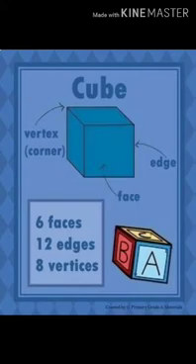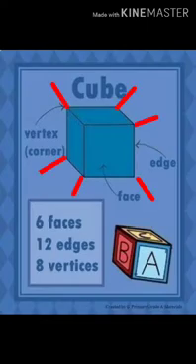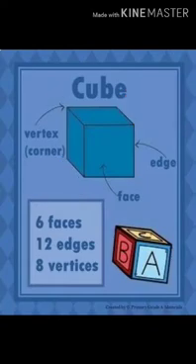Now you can tell me what is a vertex. Vertex क्या होता है? Vertex is a point where three or more edges meet. जहाँ पे two या three edges meet करते हैं, उस point को हम vertex बोलते हैं. Right? When it is a singular, when one is there, then we will say vertex, and when many are there, then we will say vertices.